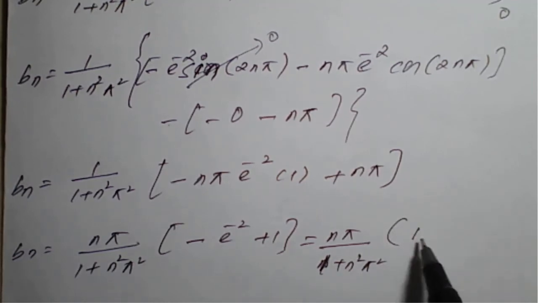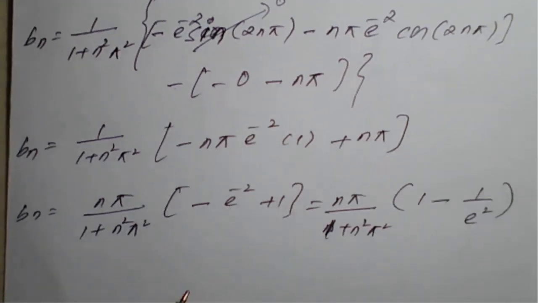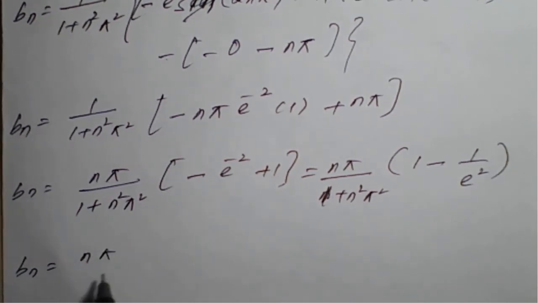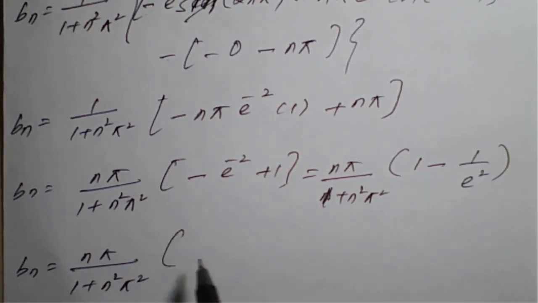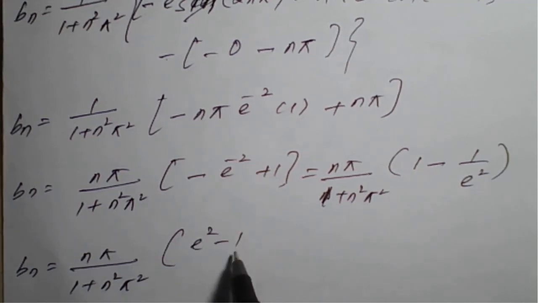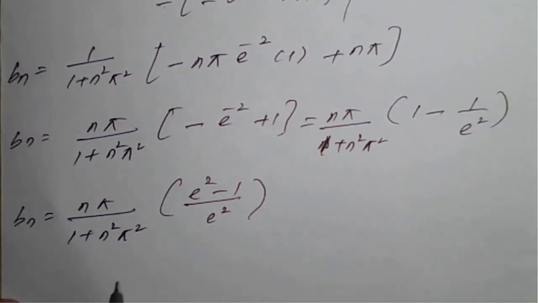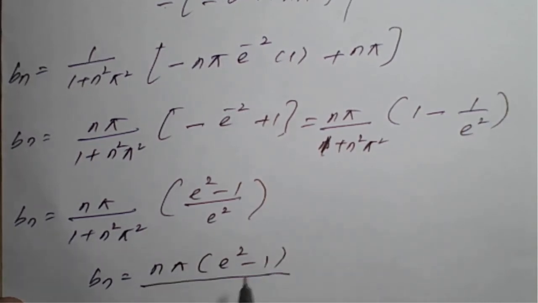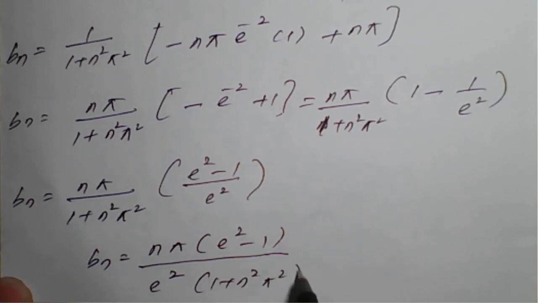I will write the positive first, 1 minus e raised to minus 2, which I write as 1 upon e squared. So b_n is equal to n pi divided by 1 plus n squared pi squared. Taking LCM it will be e squared minus 1 upon e squared, so finally I can conclude the value of b_n: b_n is equal to n pi into e squared minus 1 divided by e squared into 1 plus n squared pi squared.